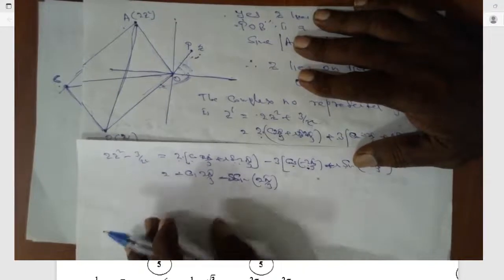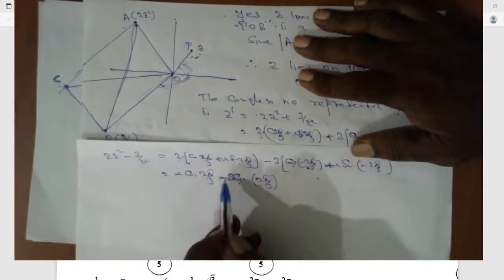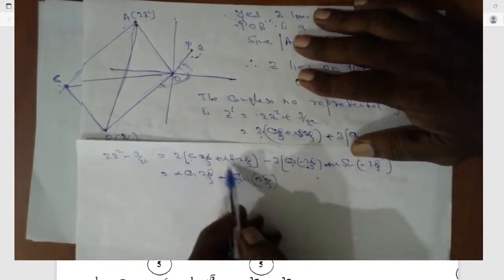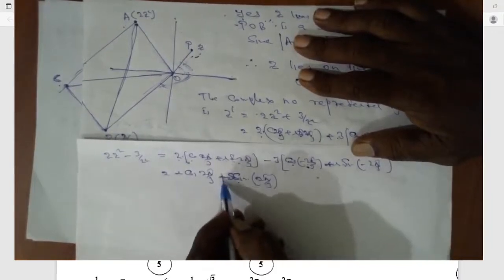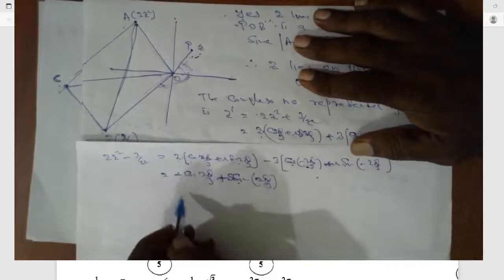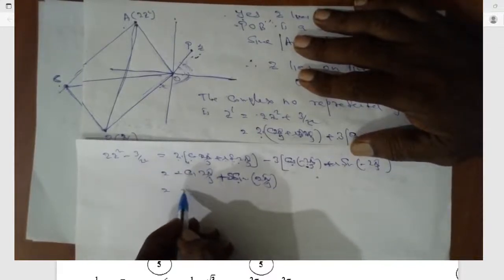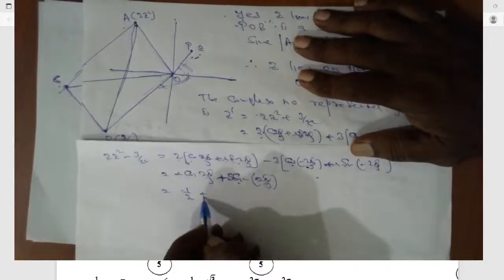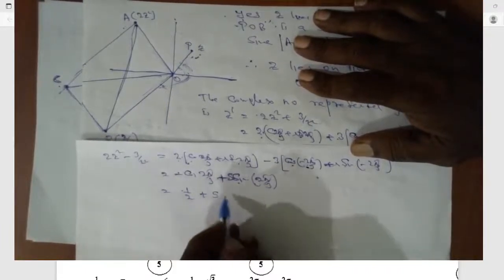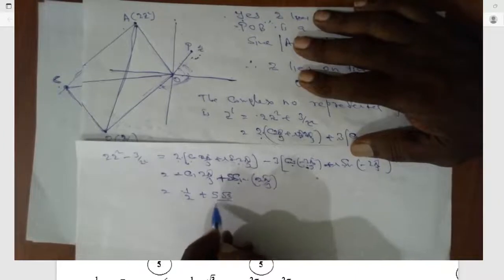So here minus, here plus 2 pi by 3, minus times minus becomes plus. This equals half plus 5 times root 3 by 2 i.